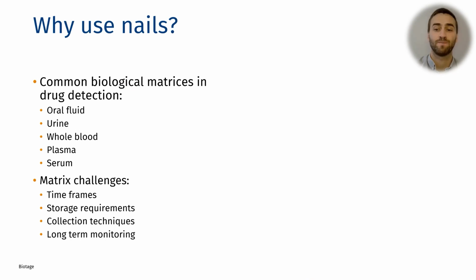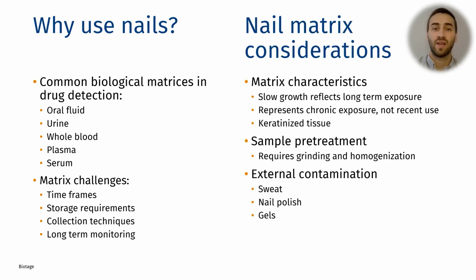On the other hand, nails grow at an average rate of approximately 3 millimeters per month. So therefore, you can get a longer time frame of drug intake or exposure. They're a keratinized tissue. This means they are a lot more stable, so they do not require any specific storage conditions for transport.